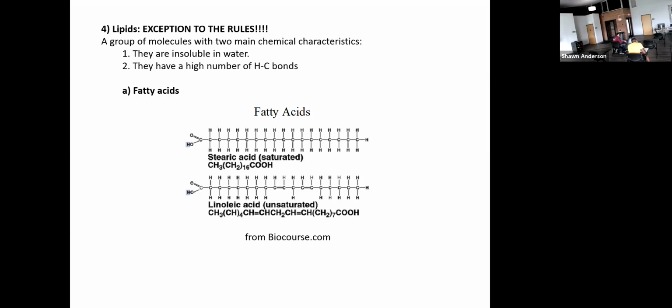So it's saturated because we notice that every bond between the carbon and its neighbor carbon are single covalent bonds. So every bond that the carbon is forming are single covalent bonds. The carbon is saturated with hydrogens. The unsaturated one, there's at least one carbon-carbon bond that's a double bond, which means at least in one place in this unsaturated fatty acid, the carbons are not all saturated with hydrogens.